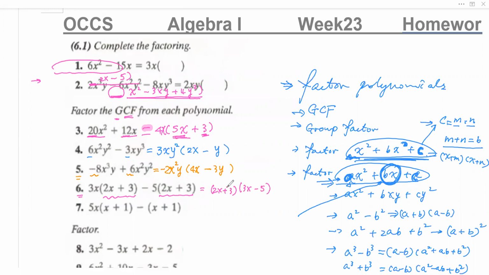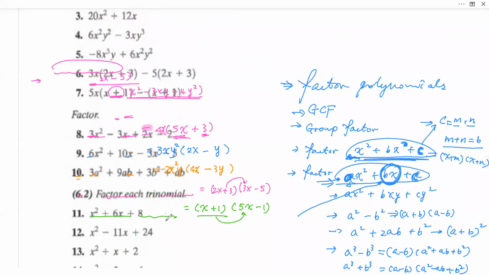If you distribute inside, you get the front part here. Let's see number 7. Common group factor, so the rest is 5x minus 1. If you distribute inside, you get this part. If you use the -1 part, you get the second part.